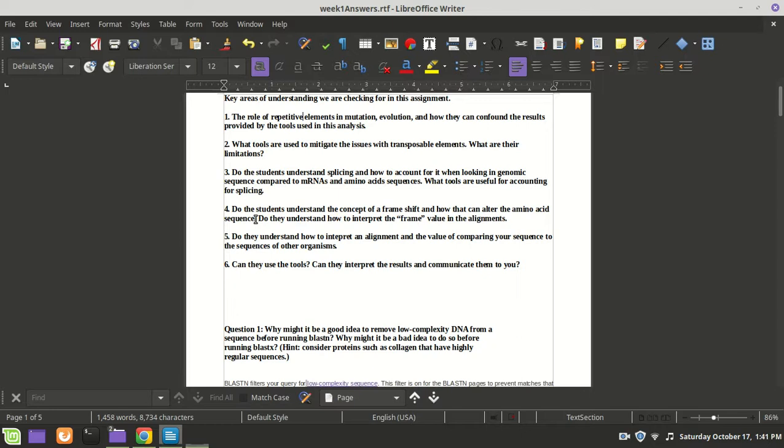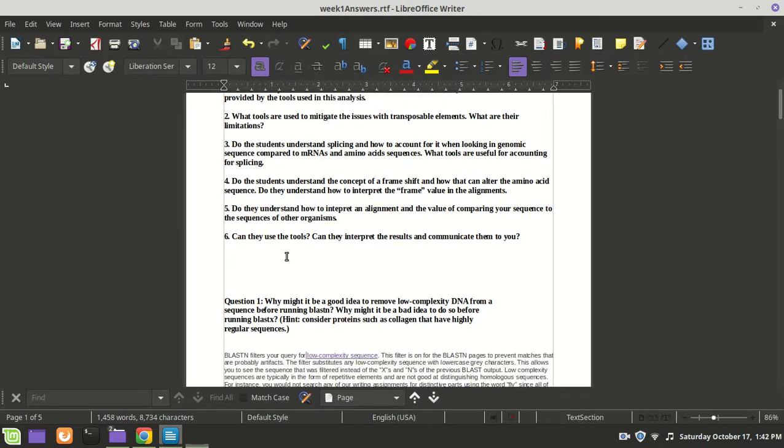So we need to check to make sure they get that and understand what splicing is and why you need to get rid of the introns to be able to go from your genomic sequence, your raw sequence, to the amino acid sequence.